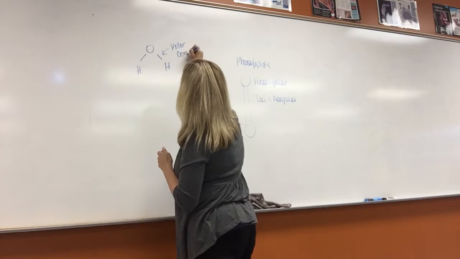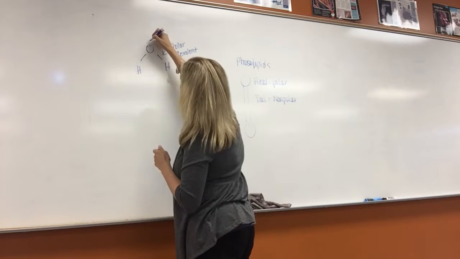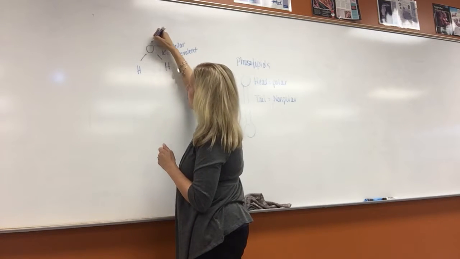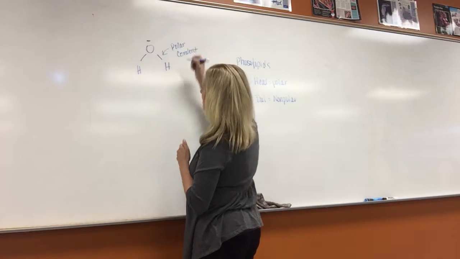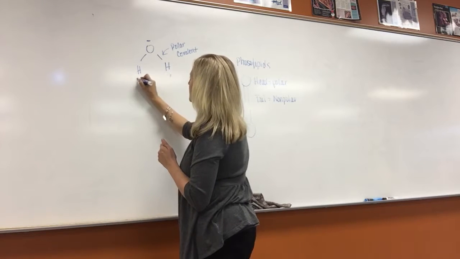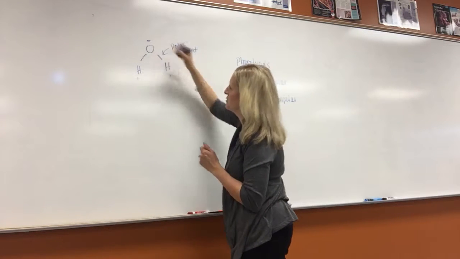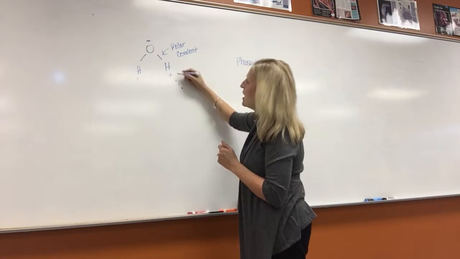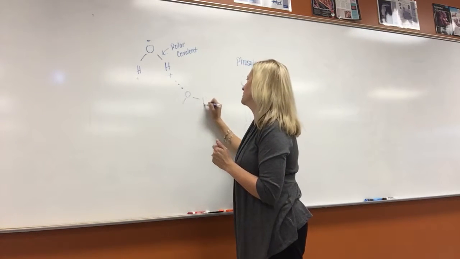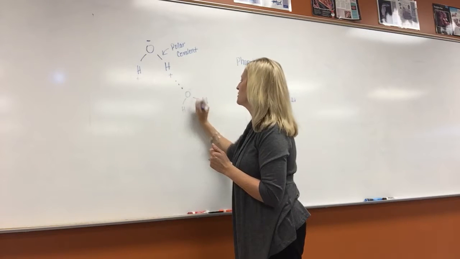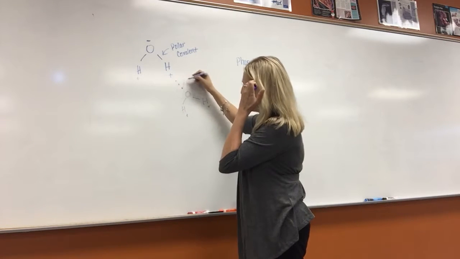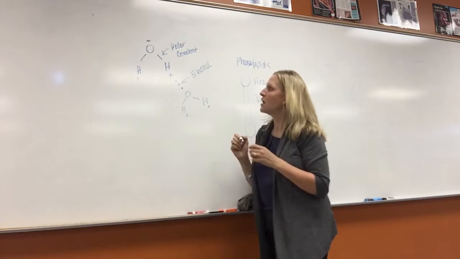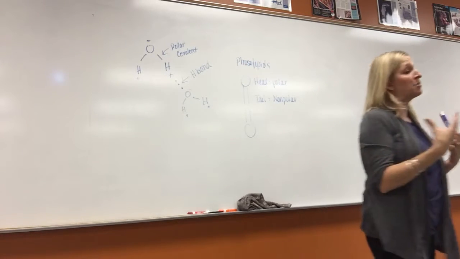The polar covalent bond means that oxygen is more electronegative, drawing the electrons closer to itself, and so has a partial negative charge, and these guys have a partial positive. So the hydrogen bonding between water molecules is between the negative and the positive parts, and this is your hydrogen bond, I'll just put H bond, which results in lots of different properties.